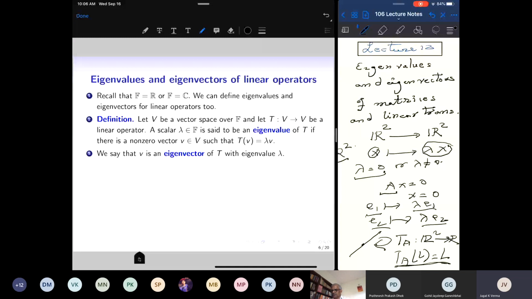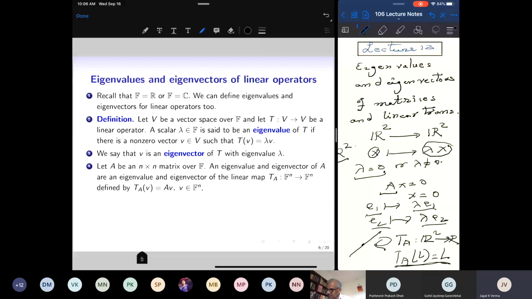Suppose I take an n by n matrix over the field of scalars. Then an eigenvalue and eigenvector of this matrix is an eigenvalue and eigenvector of the linear map from Fn to Fn induced by this matrix, T_A(v) equals Av. v is a column vector in Fn, and Av is a column vector in Fn.